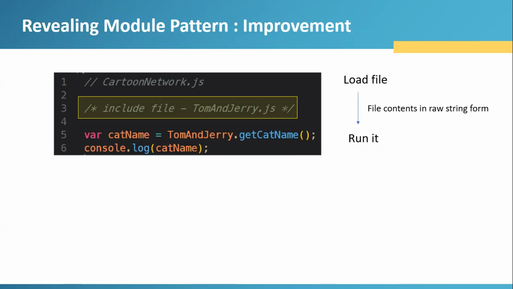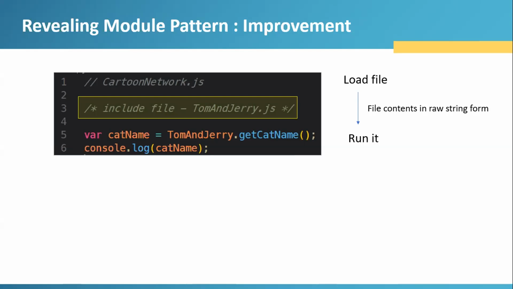Now the first part of the pipeline can be easily solved. The second stage is we need to run the JS file contents, which is in raw string form, and we just need to run that part. So our input is a string, but we need to run it as JavaScript.